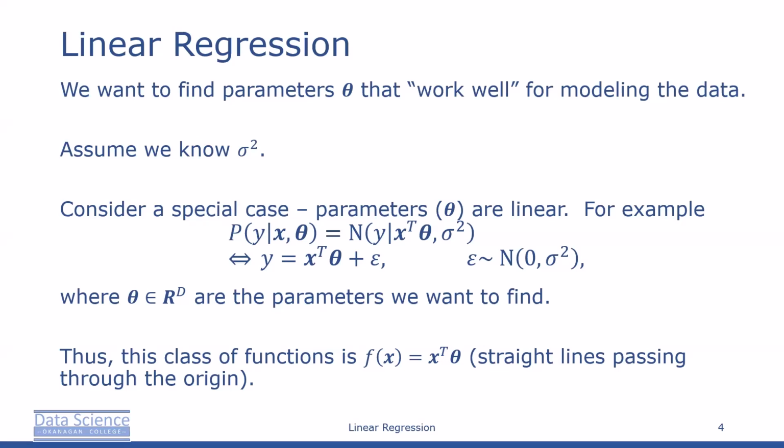An example of linear regression is given by: the probability of y given x and theta is a normal distribution with mean x transpose theta and variance sigma squared, if and only if y equals x transpose theta plus epsilon, where epsilon is normally distributed with mean 0 and variance sigma squared.